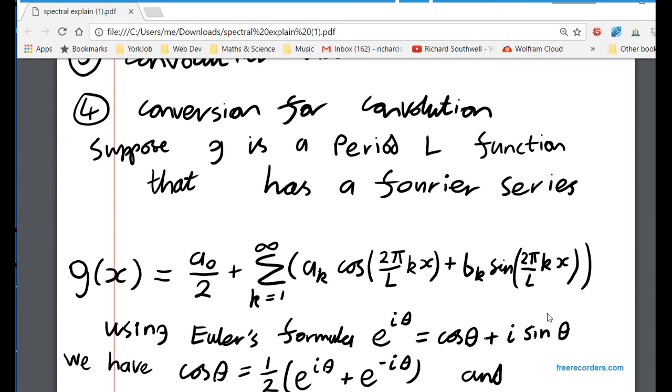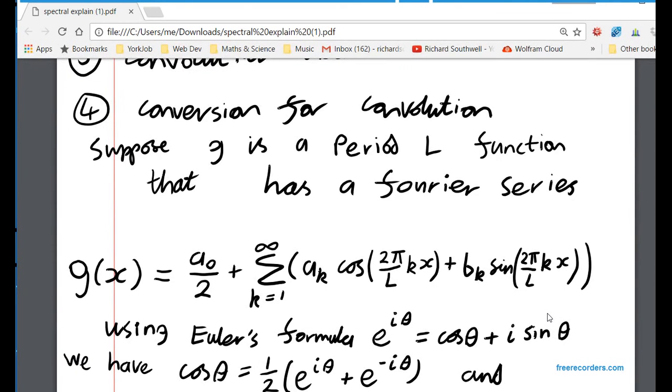It kind of does in a way, but there's often quite a few hacks we can do by padding some zeros and thinking about things being periodic in places where we're not interested in them, so that we can often treat things which are not periodic as if they were periodic, and then we can apply all of this theory. So anyway, our initial assumption is to suppose g is a period L function.